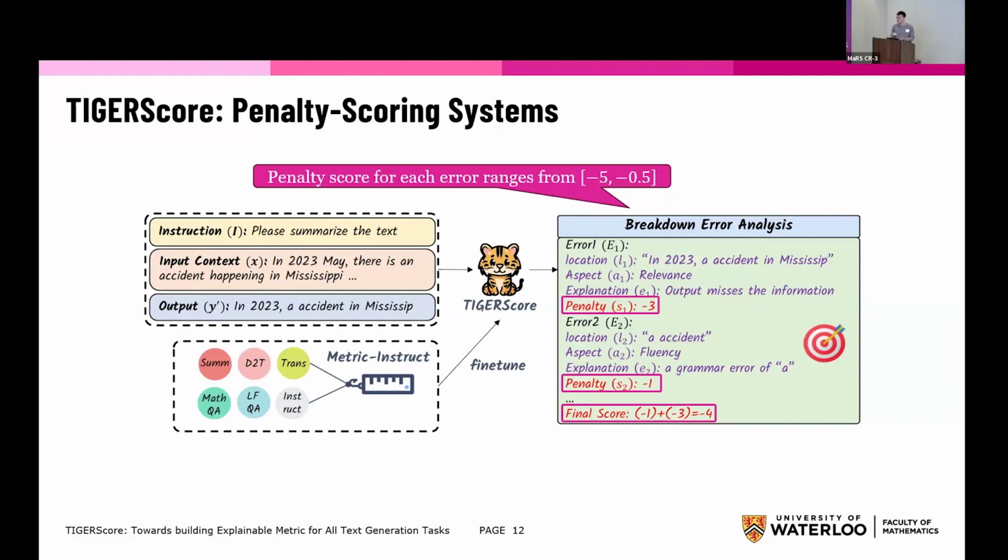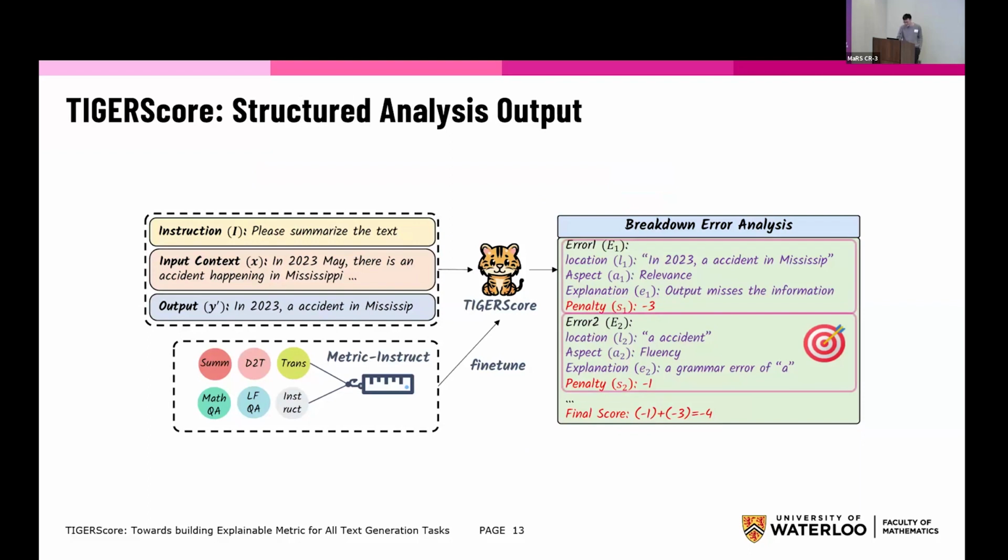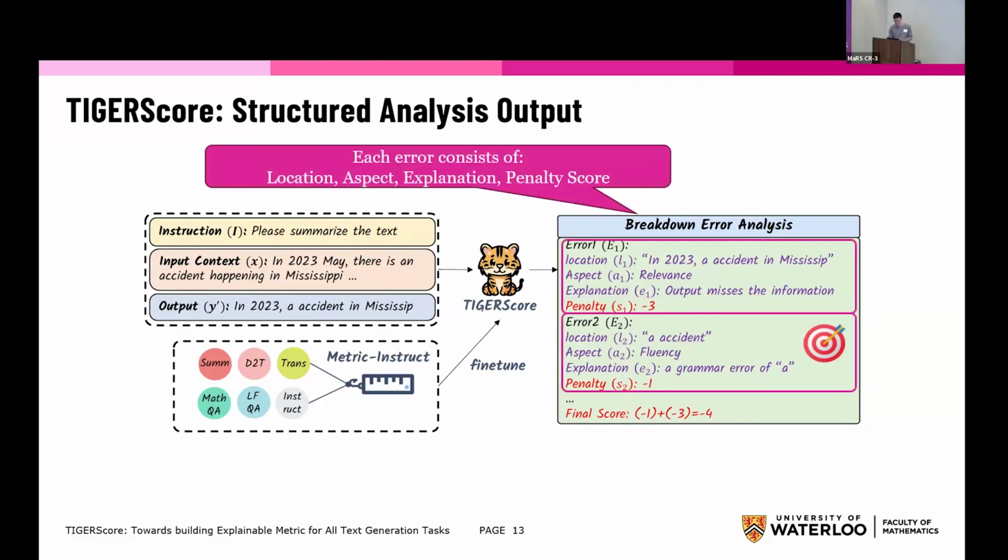Basically, we care more about the errors instead of how good this output is. And finally, we compute the final score by summing these penalty scores, as you can see in the right tab.